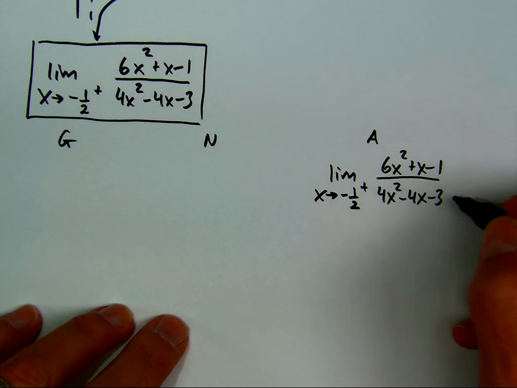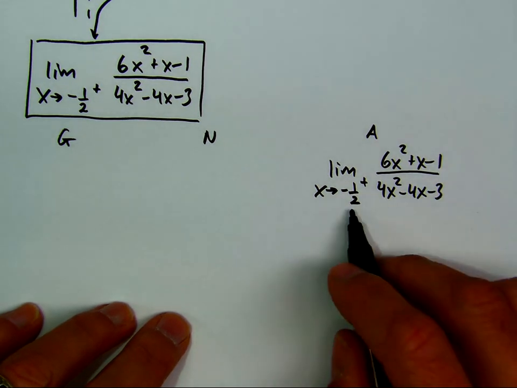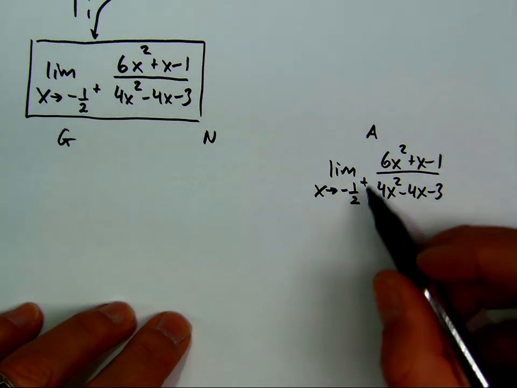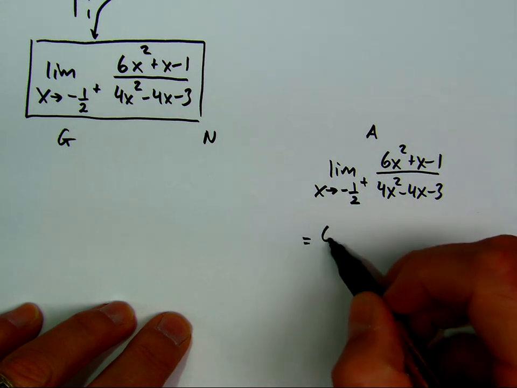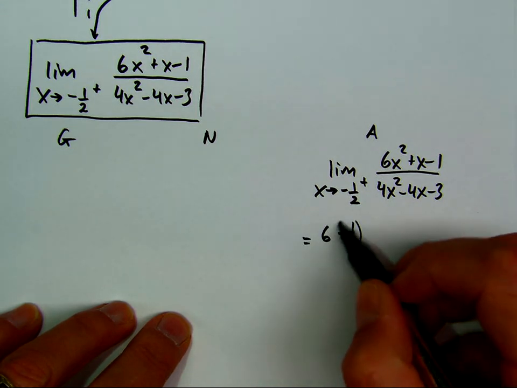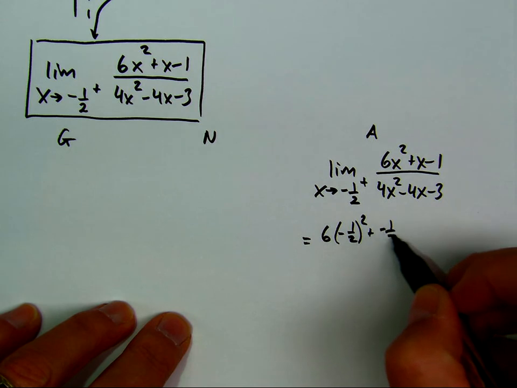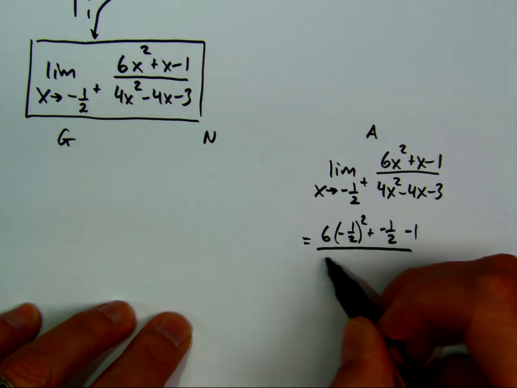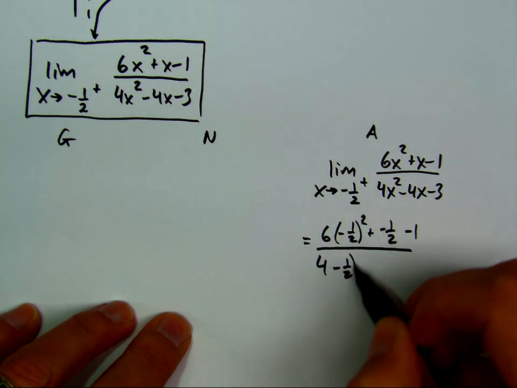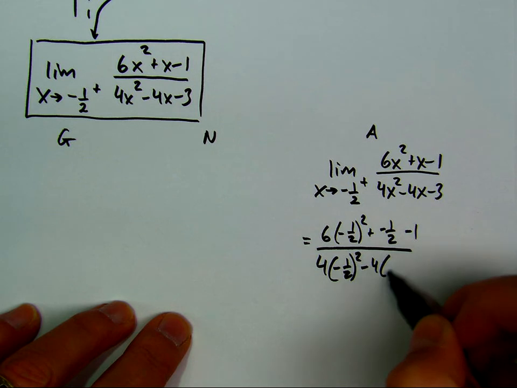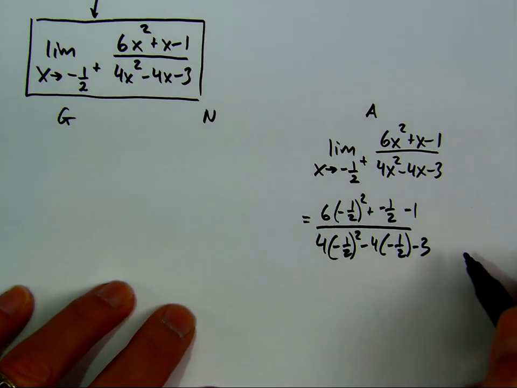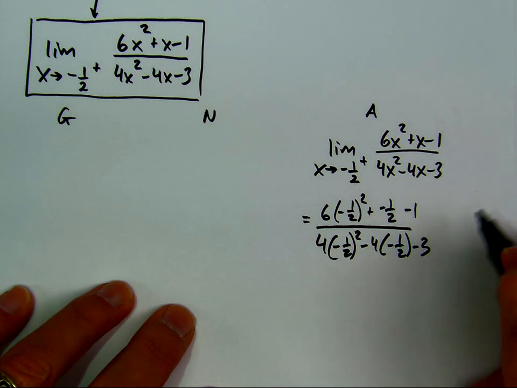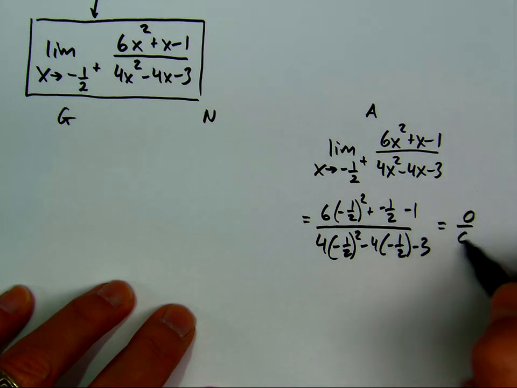Okay, so what's happening at negative 1/2? We substitute that, and it's going to be 6 times negative 1/2 squared plus negative 1/2 minus 1, over 4 times negative 1/2 squared minus 4 times negative 1/2 minus 3, and this equals 0 over 0.